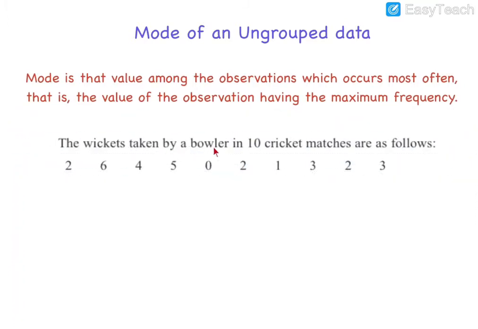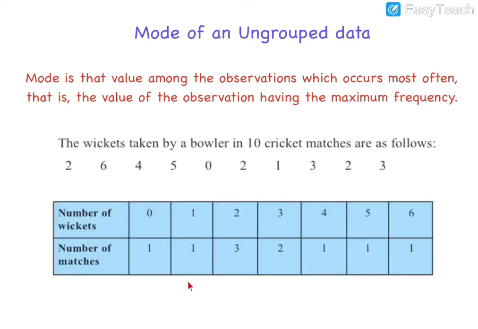The wickets taken by a bowler in 10 cricket matches are as follows. We can arrange this data in tabular form showing the frequency for each observation, as shown over here. The number of wickets represents the observation xi and the number of matches represents the frequency.